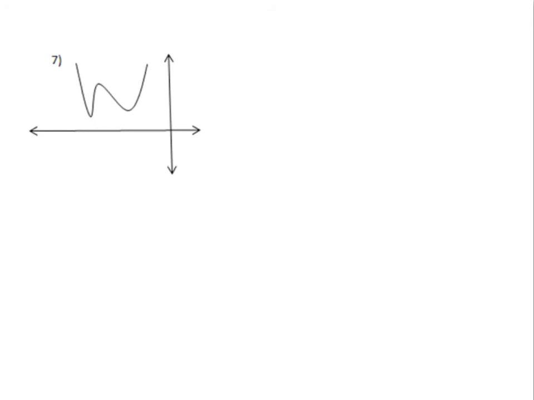Lastly, this one, we're both going up, so they're going in the same direction, so we would call this one an even graph. On the right-hand side, now notice, this graph we don't see on the right, but we can imagine that this would continue going up, and so on the right-hand side it would eventually be positive, so this has a positive leading coefficient.